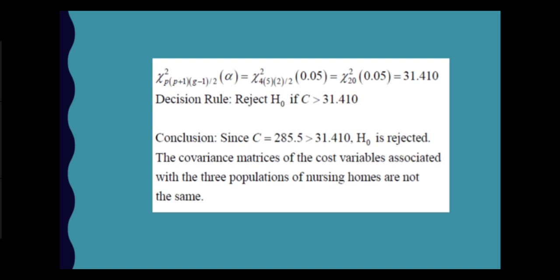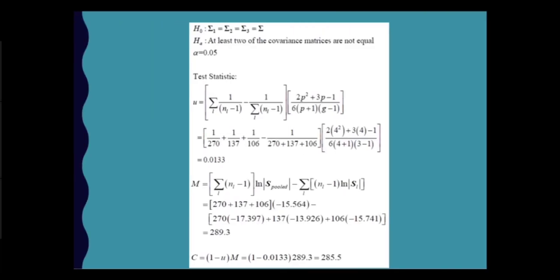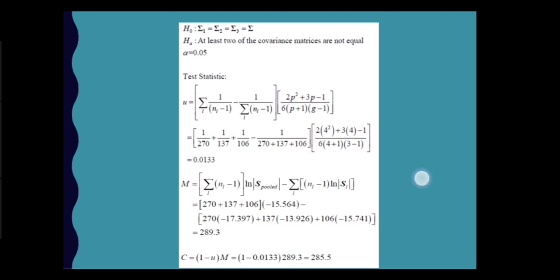Okay, one more thing. Usually for this Box's M test, if you want to find C, it's very complicated. There are many things you need to find, so it will take time to calculate the value of C. So usually in the exam, the value will be given. Maybe the value of C, or they directly give you the output from SPSS.